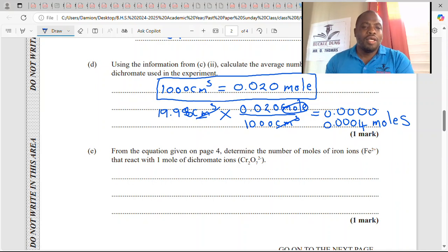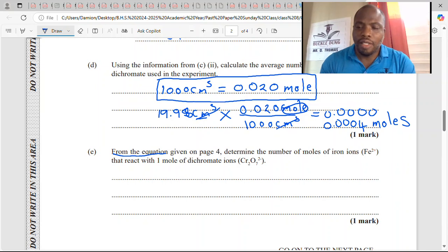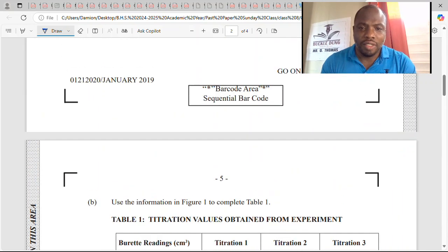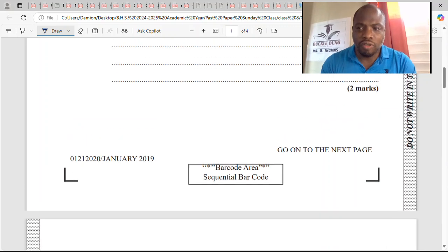Part E says from the equation, guys, from the equation. So automatically we need to revisit that equation. Determine the number of moles of iron ions, Fe2+, that reacted with 1 mole of dichromate ions. I think we were discussing that even earlier. So right away, people can shout out the answer.